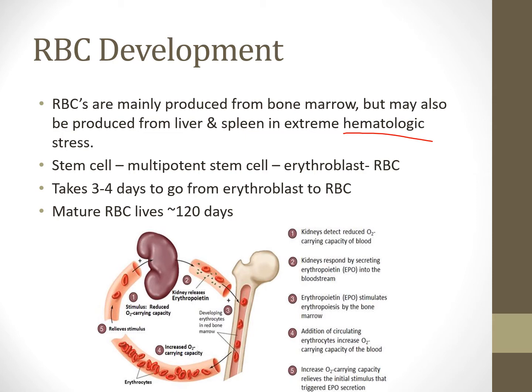Your liver and spleen can also help in this process. So that's a great compensatory mechanism. The spleen and the liver can also do it, but in general, it's your bone marrow, right?